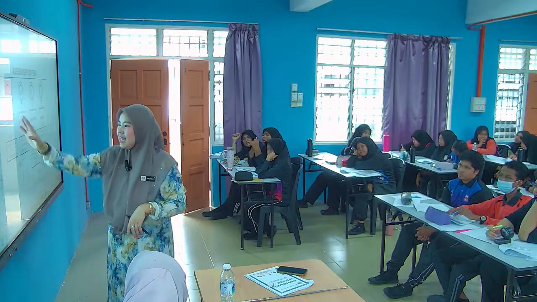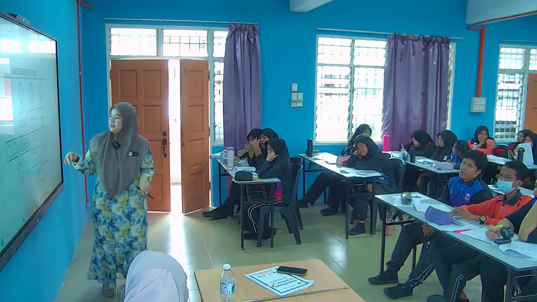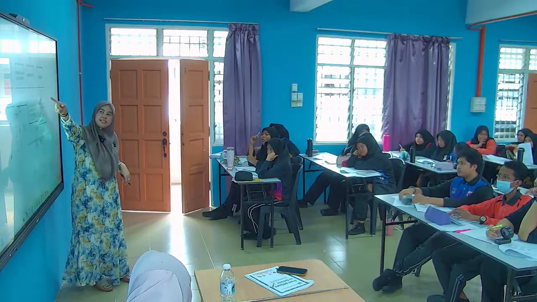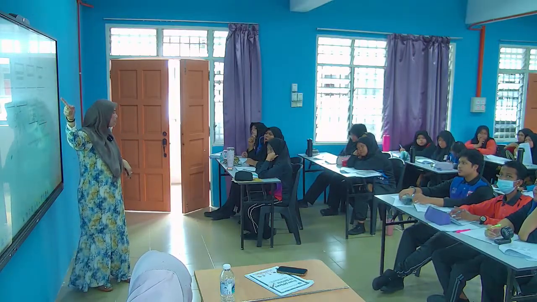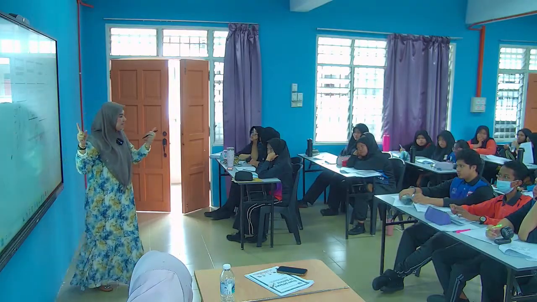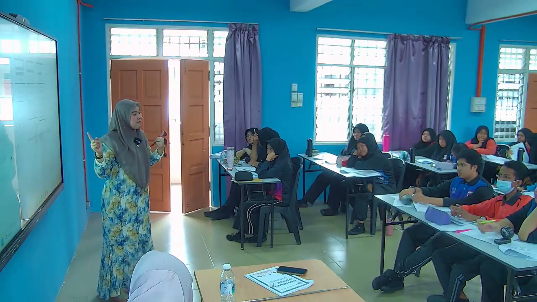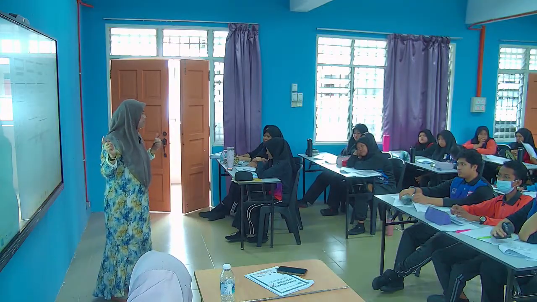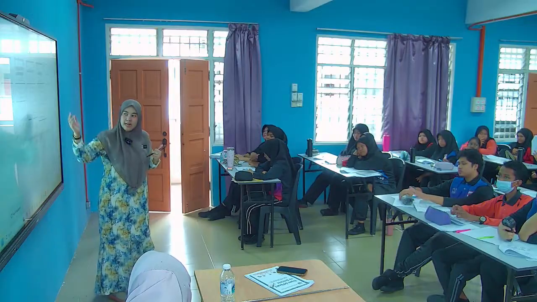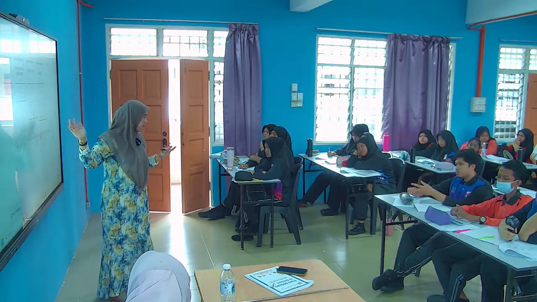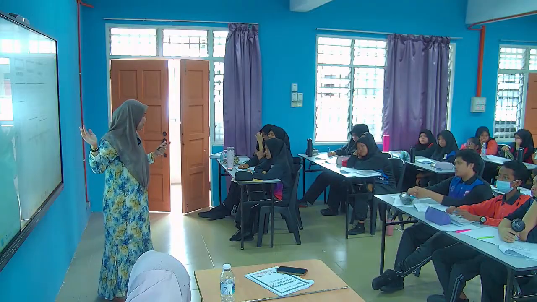What are we looking at under language? Number 1, what is the level of vocabulary used? For email, we use basic and everyday vocabulary. When it comes to part 2, what kind of vocabulary do you need to use?